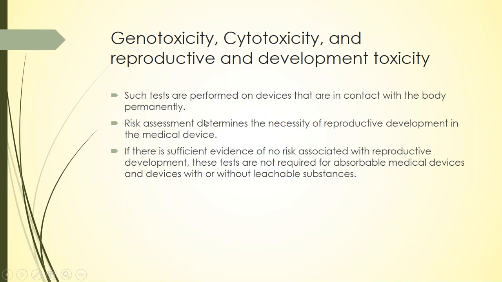And make sure that if you have sufficient evidence through the risk analysis that the device in contact is not going to affect the reproductive development of the species that the device is being implanted upon, then based on the risk assessment, you can mitigate the reproductive and development toxicity criteria of your device, and then you can start selling it.